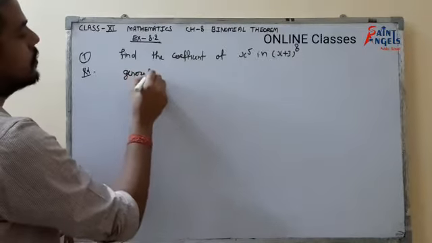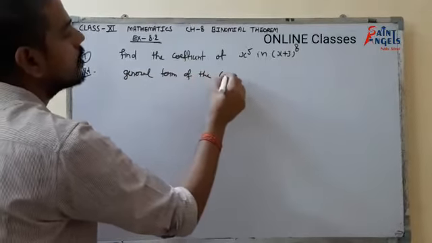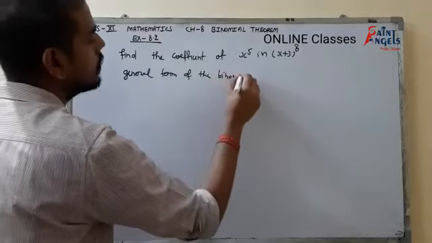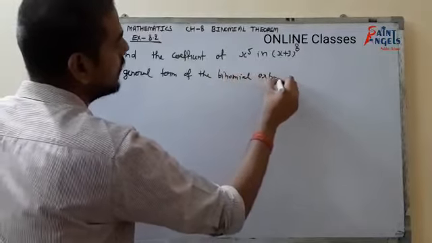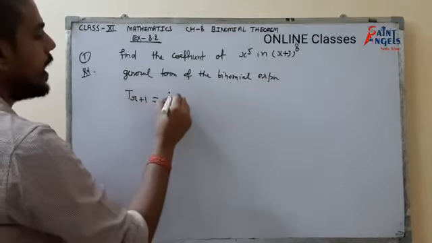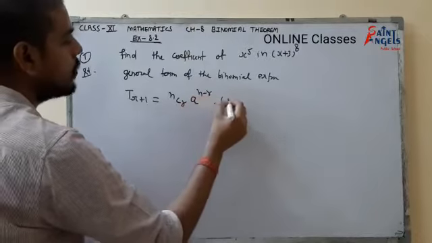General term of the binomial expansion. That is T(r plus 1) equals nCr a to the power n minus r and b to the power r.